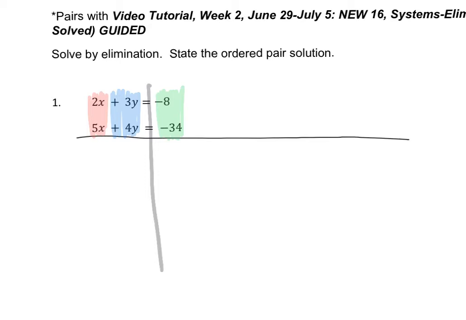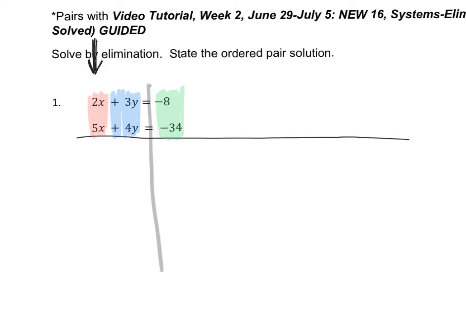So what I'm going to do is pick which I want to eliminate. For me, I want the x's to eliminate. So I'm going to put an arrow over what I want to eliminate. I want the x's to eliminate. All right.